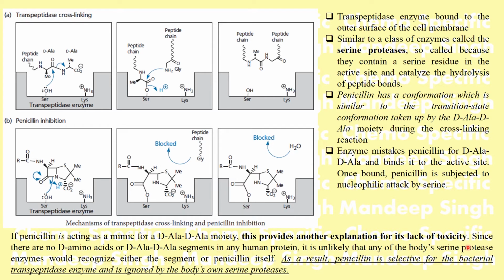Now, one of the reasons which explains why penicillin is not toxic to humans is because it is highly selective to D-alanine and D-alanine.